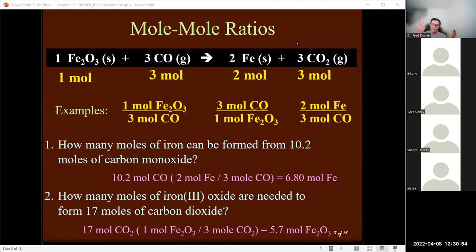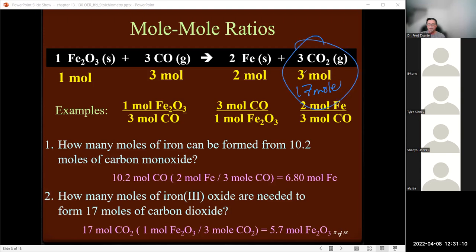So another way to say this is, here's an example where you're trying to calculate how much of one of the reactants you need to make a product, for whatever reason. I need to make 17 moles of carbon dioxide.